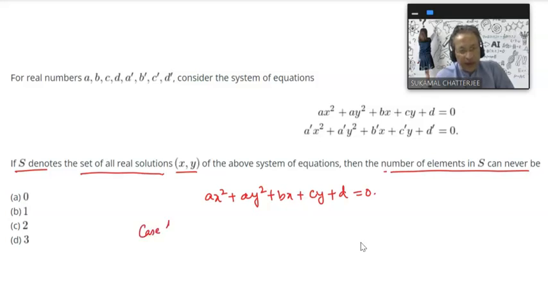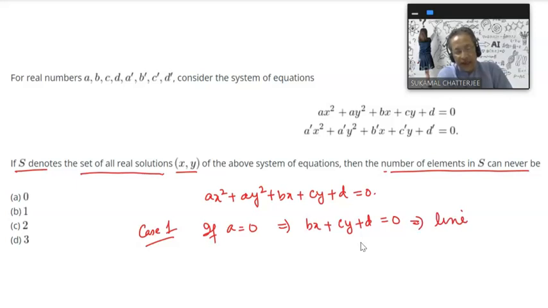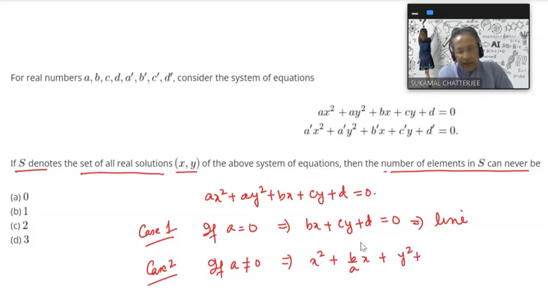Case 1 is if a is equal to 0, then this becomes bx plus cy plus d equal to 0, which is the equation of a straight line. And case 2 is if a is not equal to 0, then this equation can be written as x square plus b by a x plus y square plus c by a y plus d by a equal to 0.